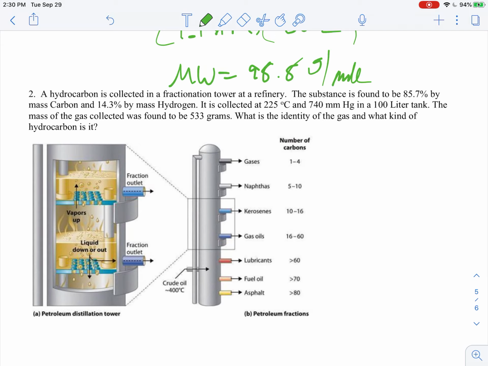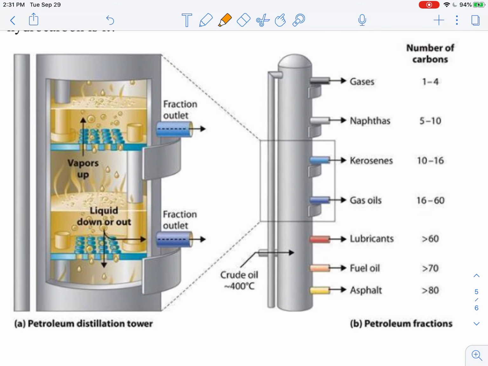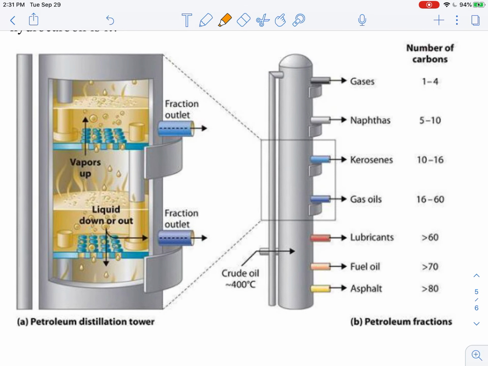Same thing here, except that they have incorporated a little bit of other material from before. So, what did I tell you here? I told you that it's 85.7% by mass carbon and 14.3% by mass hydrogen. Okay, great. Now what we've got here is a hydrocarbon tower like you would see if you drive down by the Joliet refineries.